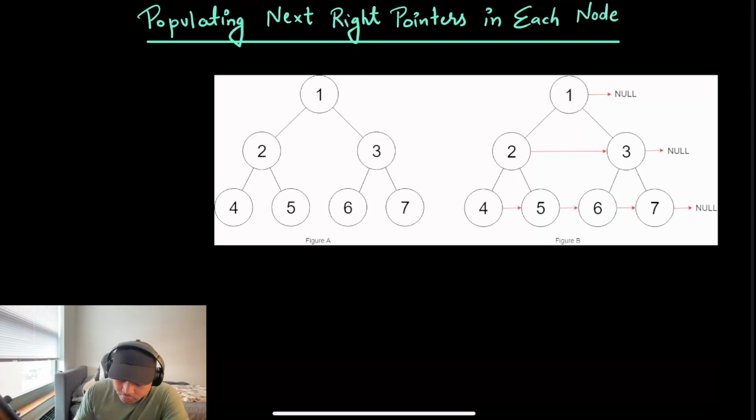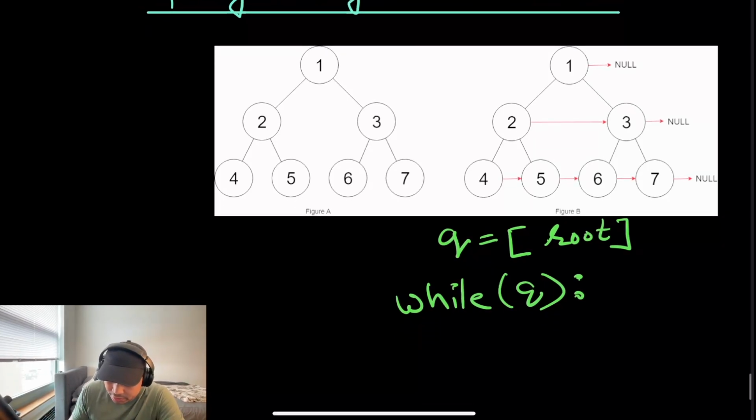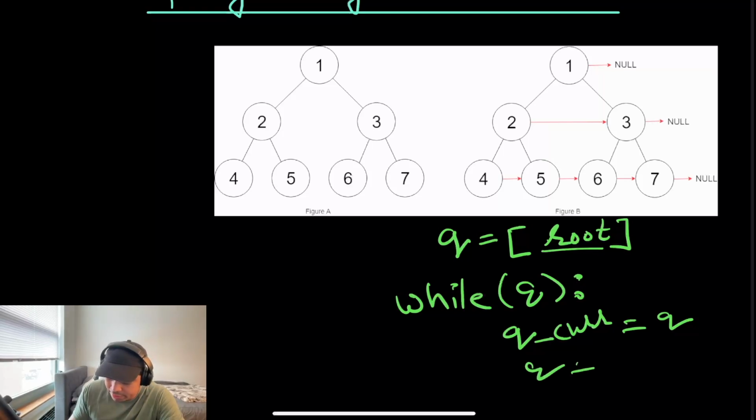We're going to have a queue. So we usually have a queue that is going to have the root in the beginning, and then while queue, we basically take that queue's value into another queue. I'm going to call it q-cur, and then assign that queue and have an empty queue again to fill things up.